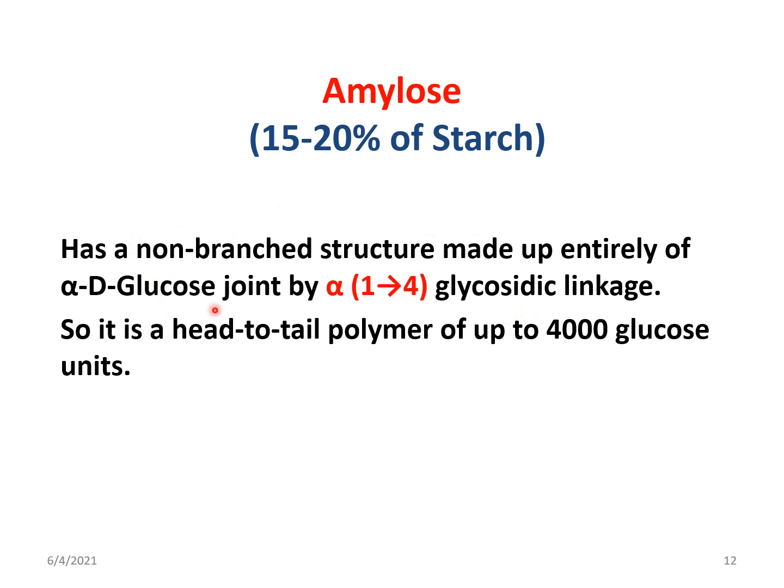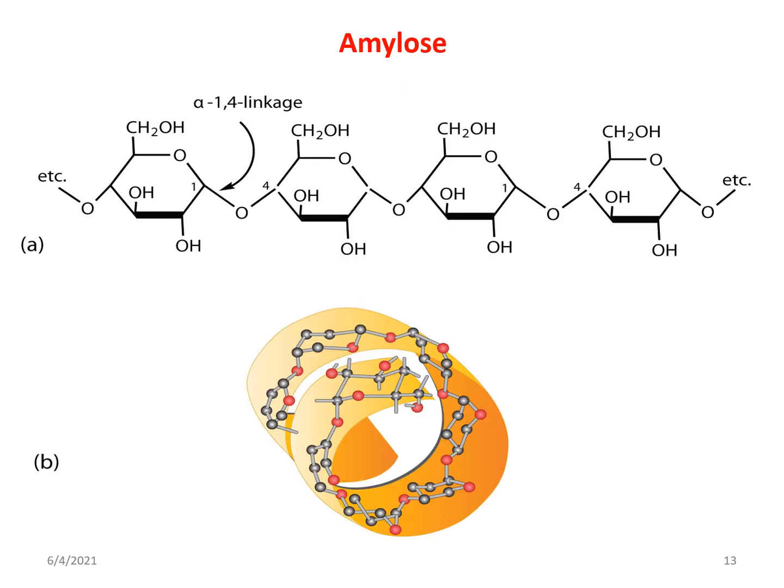These glucose molecules are linked by alpha-1,4-O glycosidic bonds, so it is a head-to-tail polymer of around 4,000 glucose molecules. This is the structure of the amylose, which constitutes around 15 to 20% of the starch molecule.